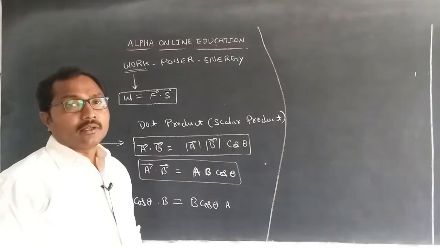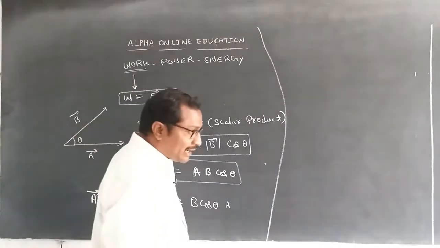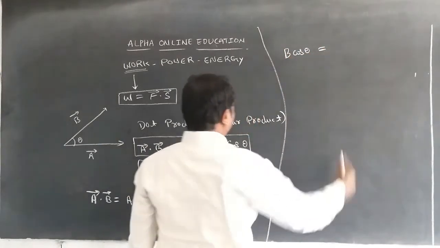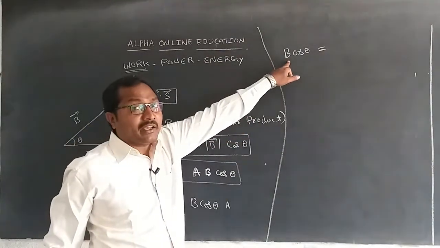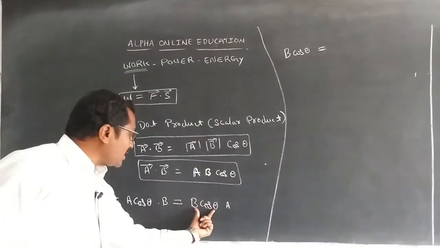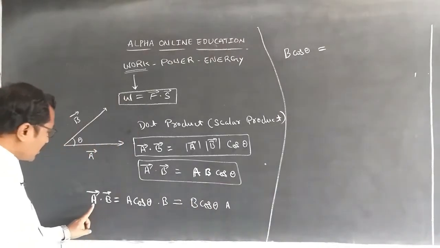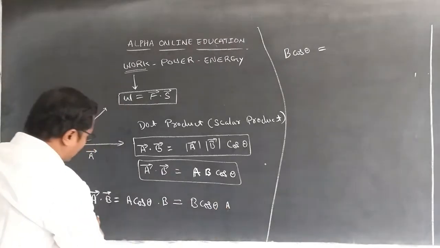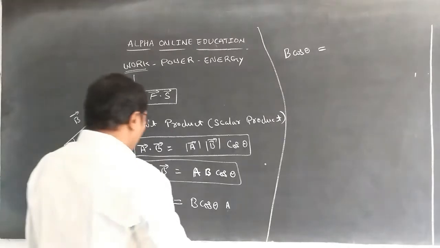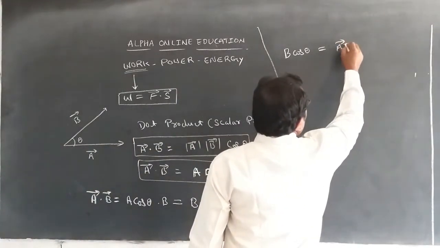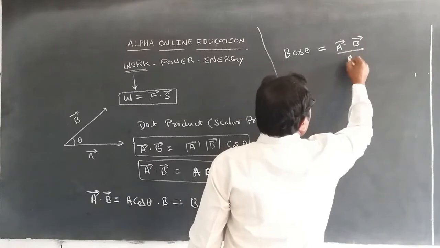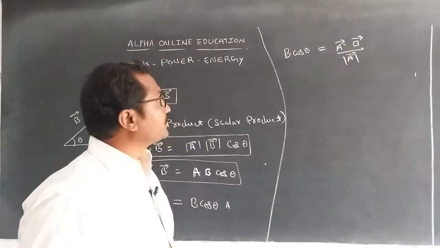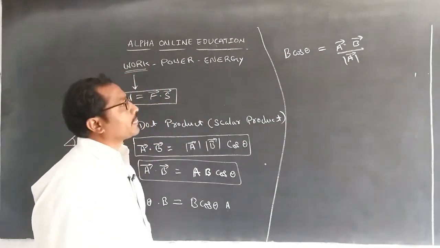I need the B component along A. So B cos theta is equal to vector A dot vector B divided by the magnitude of vector A, since I am taking A to the other side so it becomes a division.